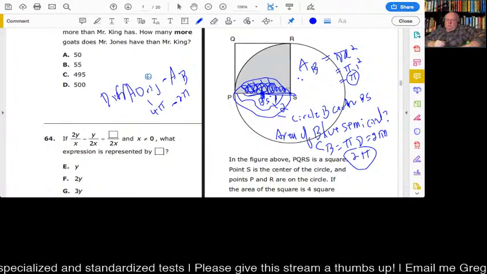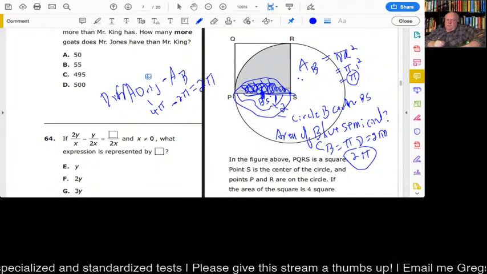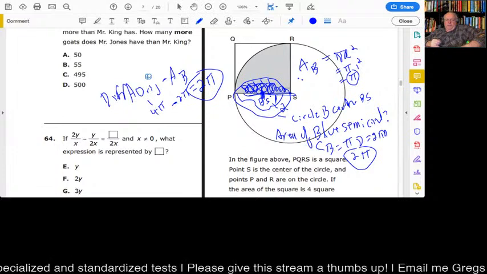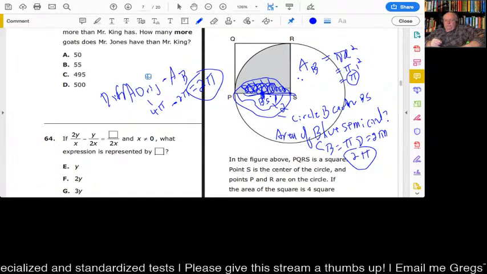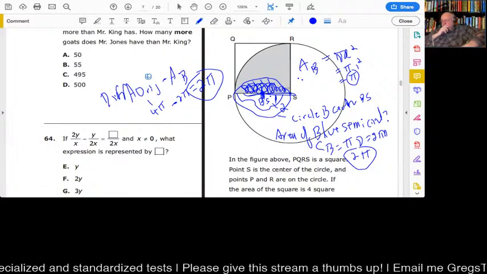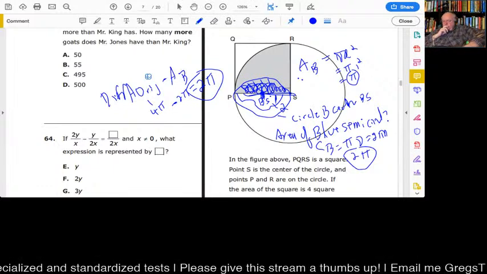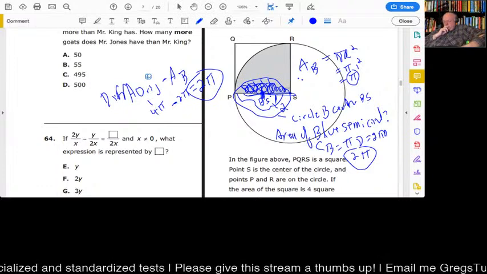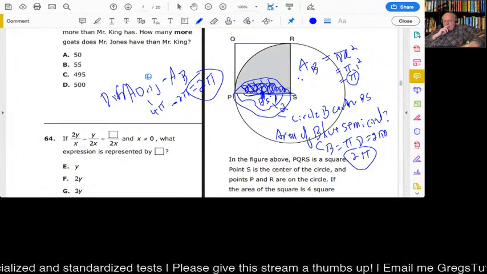So the difference, we just subtract, would be 2 pi. Okay. What other variations can we spin onto this? Let me think here. That might be about it.